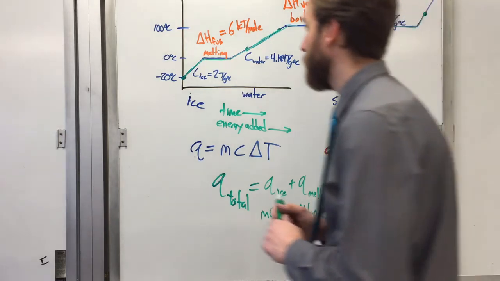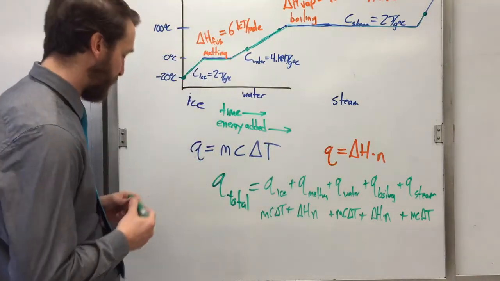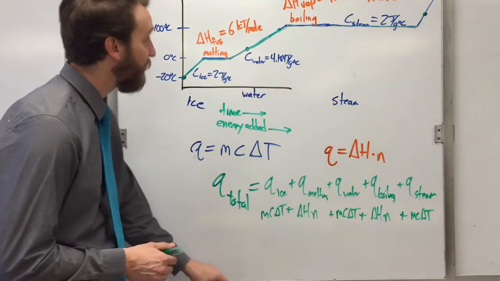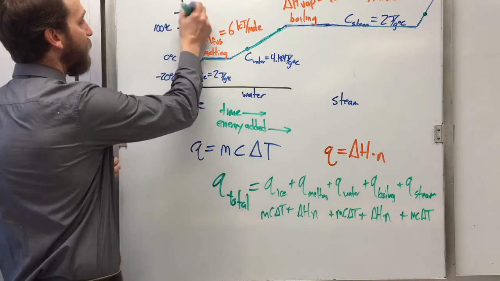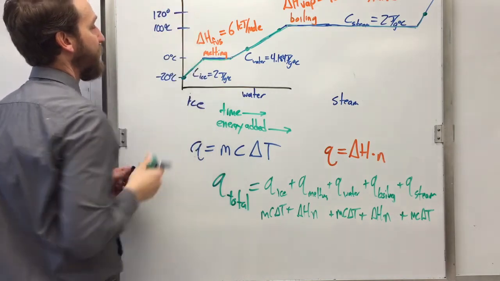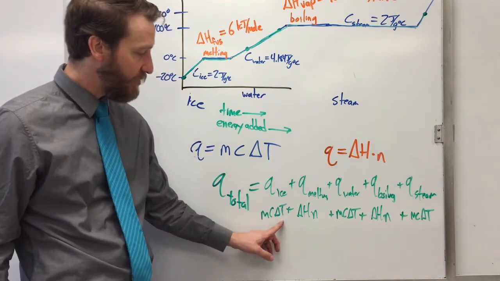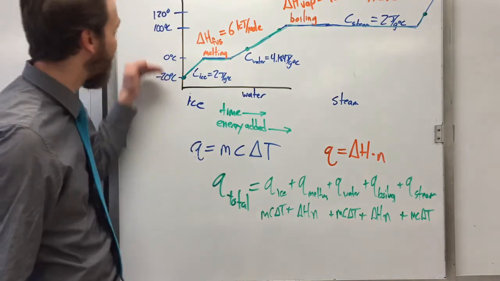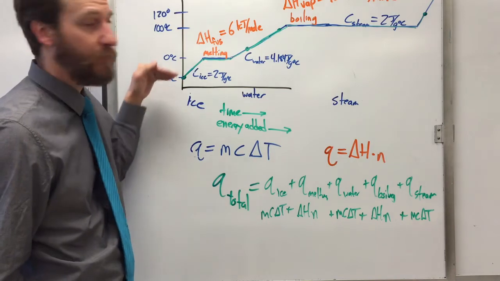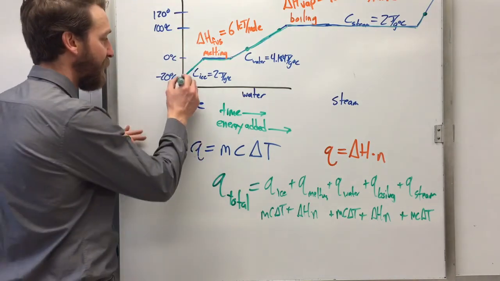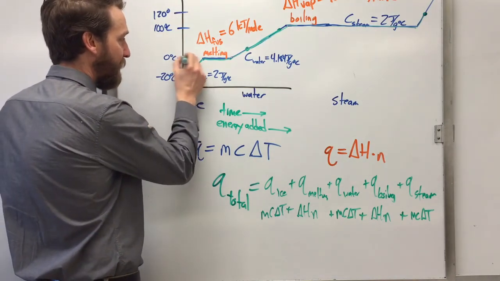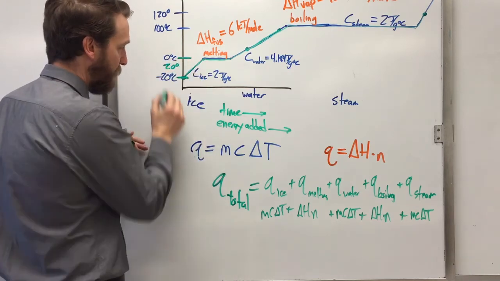You've got to be careful about that, because if I was going from, say, an initial of -20 up to a final of 120, well, the change in temperature for the ice is not 140 degrees, because we can't have ice above 0 Celsius. So the temperature change for the ice would just be 20 degrees.